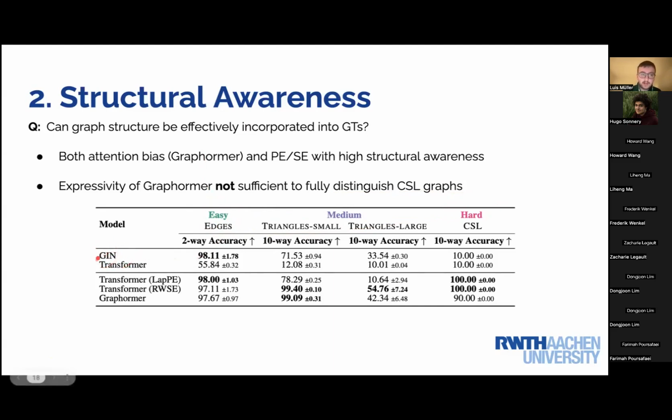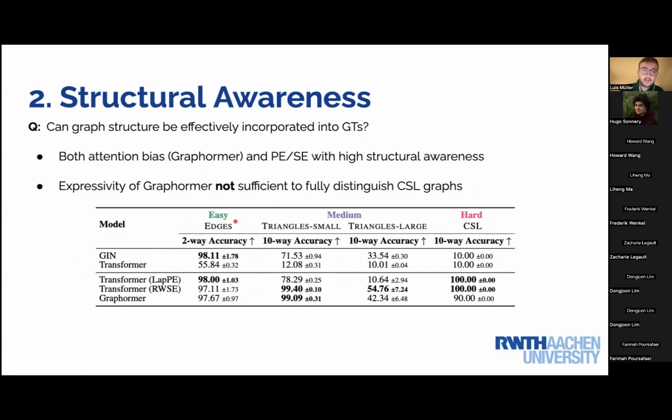This GIN model is a very popular, very famous GNN model, and we ran it on 3 different tasks and grouped them by how hard it was for the GNN to solve. These are all accuracies, so the higher the better.